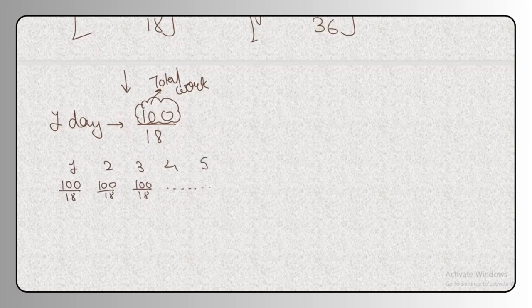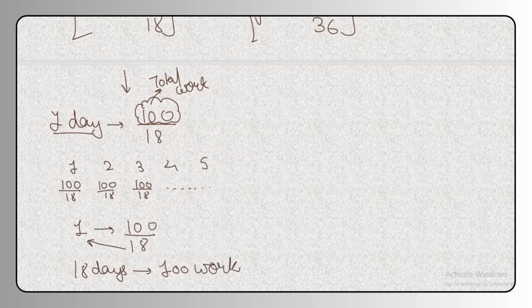It is very simple. One day, 100 upon 18. So how many days will it require to complete the total work? 18 days, right? Just cross multiply, we get 18 days to complete the 100 units of work.